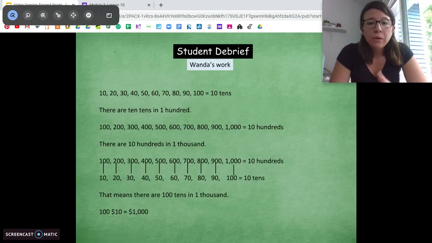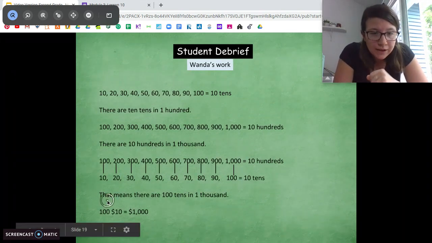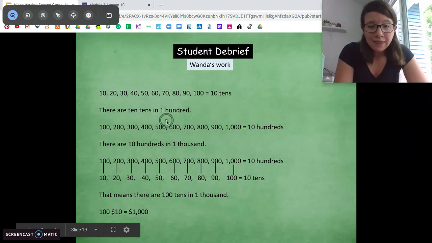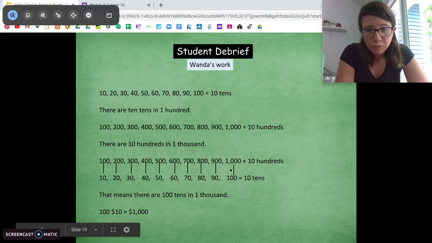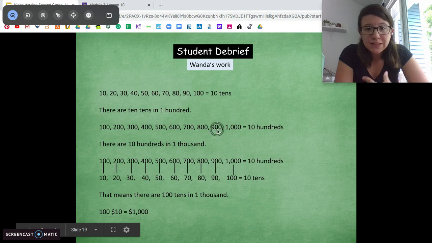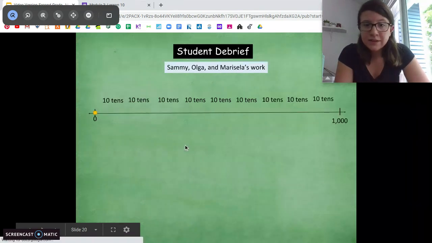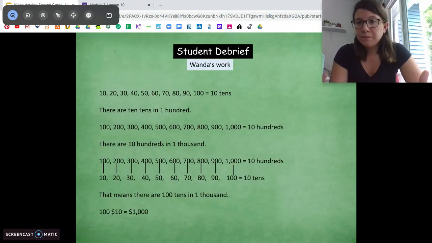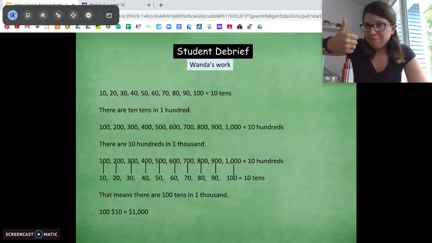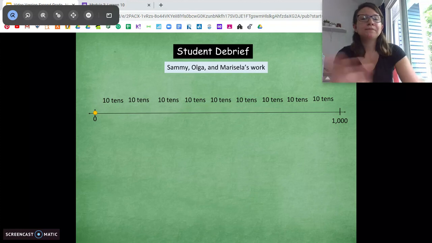So what we can do is realize that means there are 100 tens in 1,000. We can line these up and know that 100 $10 bills equals $1,000. Again, a totally different strategy. Thumbs up if you solved it that way. Good. All right, I'm going to show you one more.